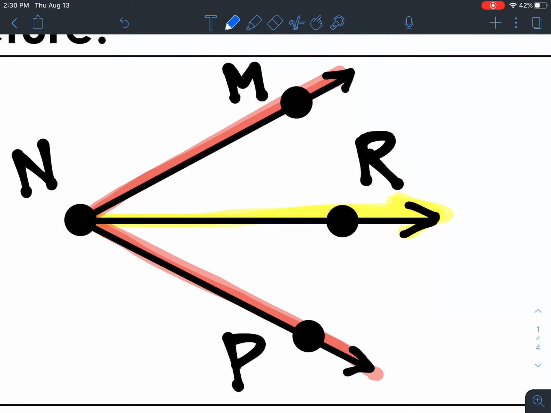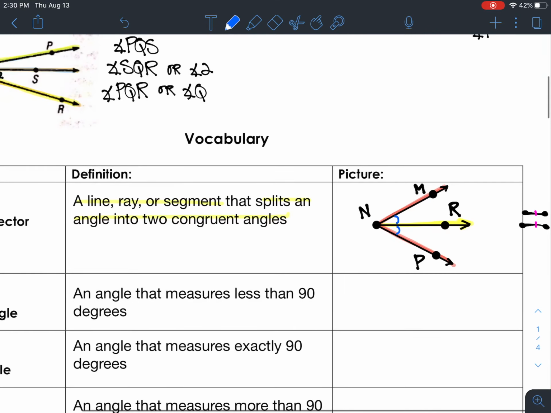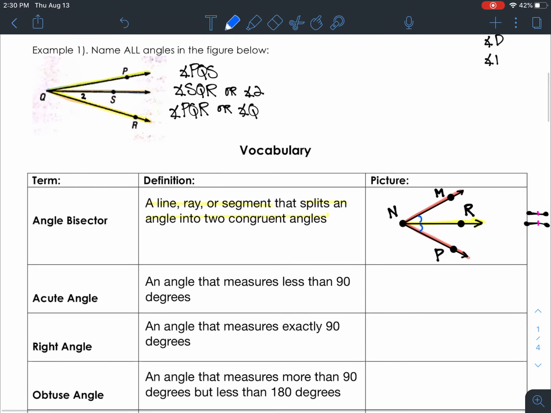So if I'm trying to communicate that these two angles, MNR and RNP, are congruent, I'm going to add those little swoops inside those angles, and those two swoops are saying that these two angles are congruent, okay? So an angle bisector is a line, ray, or segment that splits an angle into two congruent angles, okay?